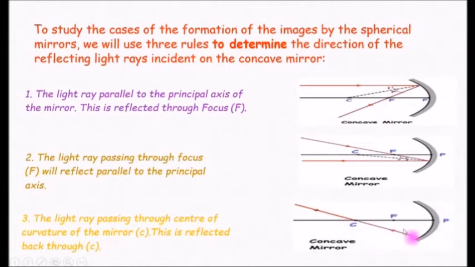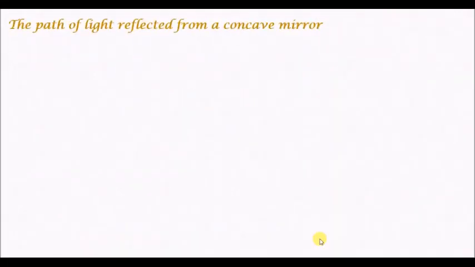Because it falls on the mirror with an angle of 90. And we said that when the light ray falls on the reflecting surface with an angle of 90, it will reflect on itself. Those are the three rules that we use to draw the different paths of light rays through the concave mirror.